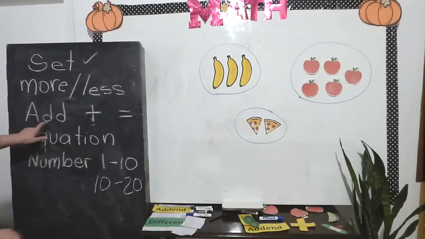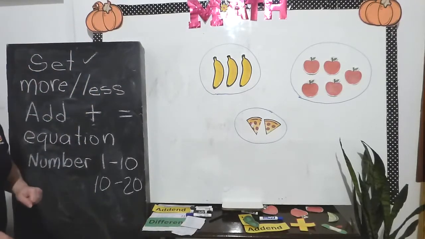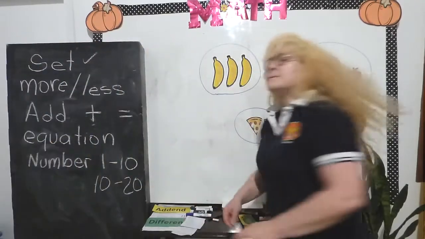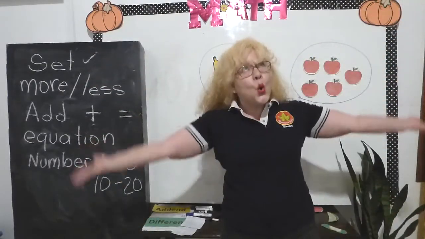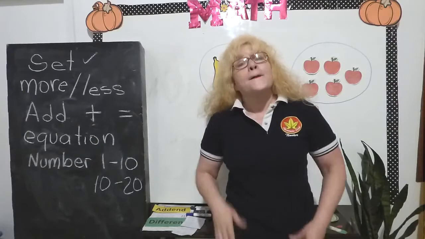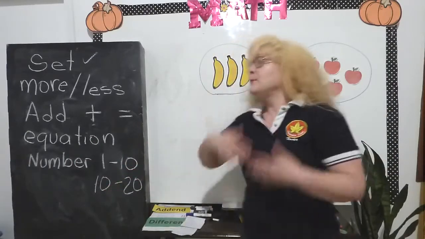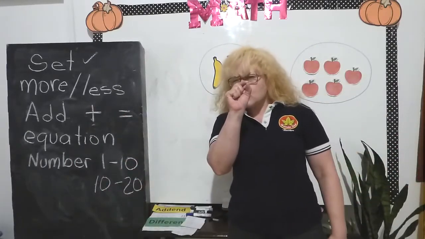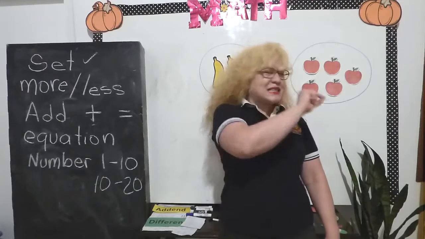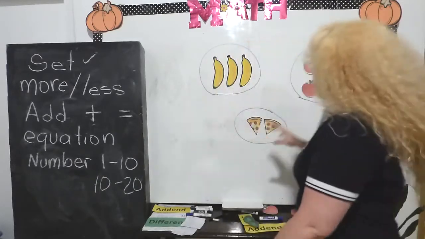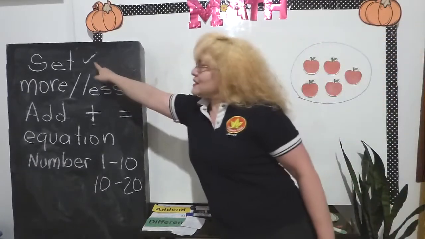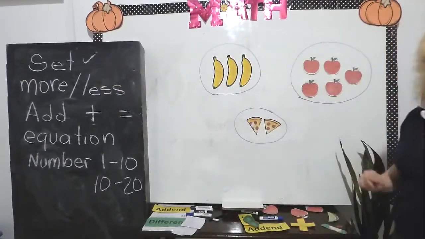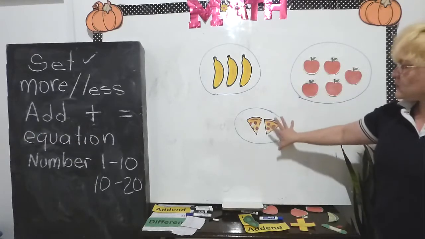Okay, the next, more, less. More, less. Big like an elephant, small like a mosquito. Which set has less: apples, bananas, or pizza?